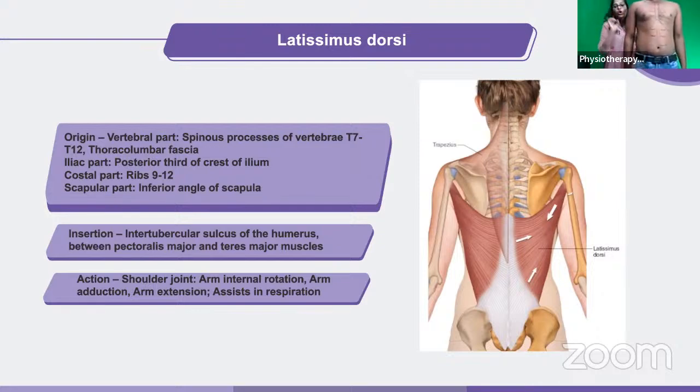You see the origin and insertion: it started like this and got inserted in the intertubercular sulcus, that is, the lady between two majors. When it contracted, it caused internal rotation, adduction, and extension. This is about latissimus dorsi. I hope you understood latissimus dorsi. This is the major important muscle among your back muscles.